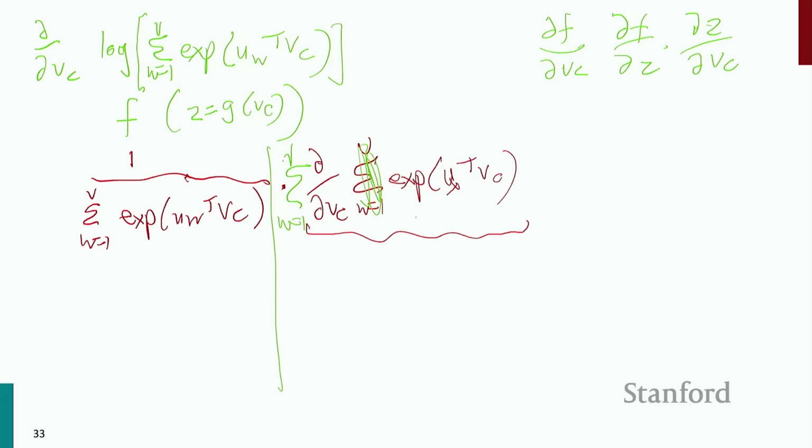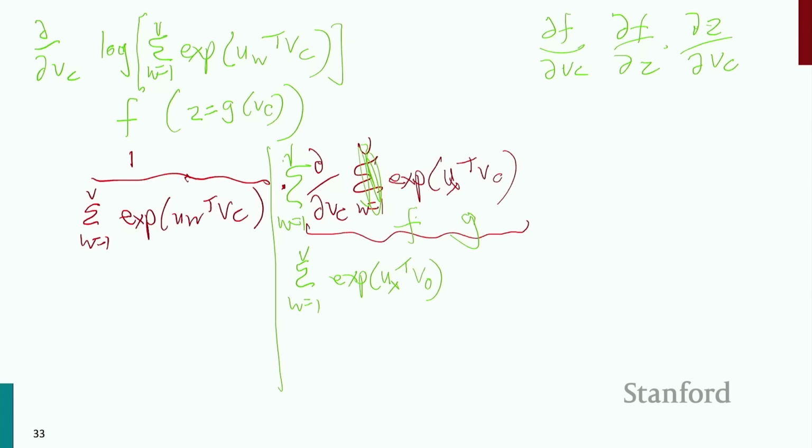Okay, so this again gives us an f over a function g. And so we're going to again want to split the pieces up, and so use the chain rule one more time. So we're going to have the sum of w equals 1 to V. And now we have to know what the derivative of exp is, and the derivative of exp is exp. So that will be exp of u_x^T v_c.